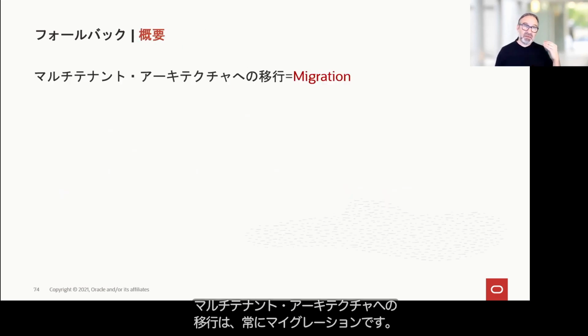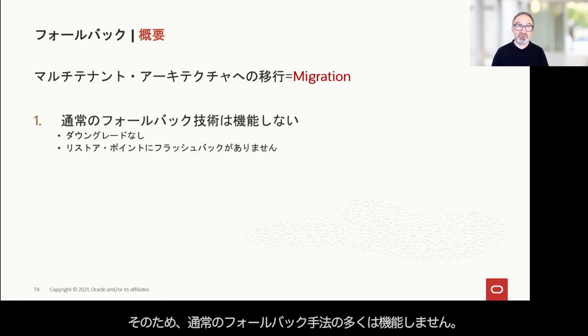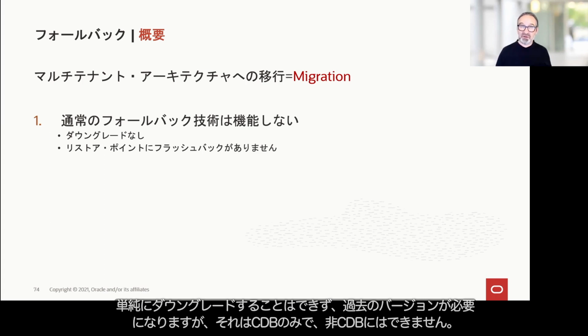So, a summary for the fallback. Keep in mind, the move to multi-tenant architecture is always a migration. It's not an upgrade only, it's a migration. So a lot of our usual fallback techniques don't work. We can't simply downgrade. We need to go backwards, but only to a CDB, not to a non-CDB.